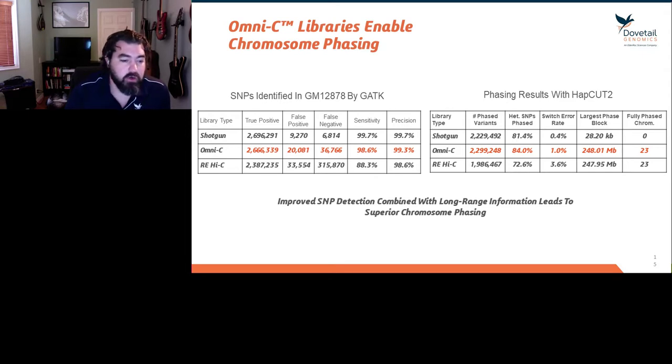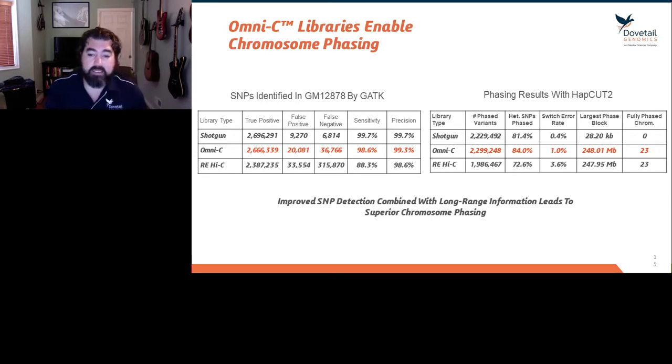And then the rows are shotgun data, the Omni-C data, and then restriction enzyme-based HiC data. And basically the key thing that we want to point out here is that the sensitivity and precision of Omni-C in being able to detect SNPs is very close to that of shotgun data, which is what we expect based on the coverage, and it far outstrips the restriction enzyme-based HiC data.